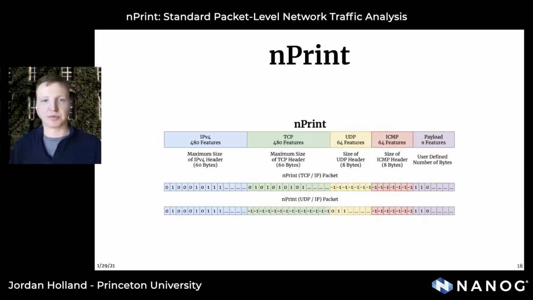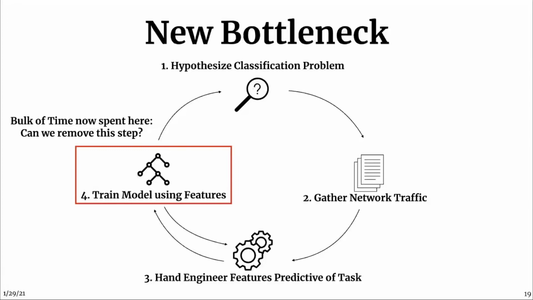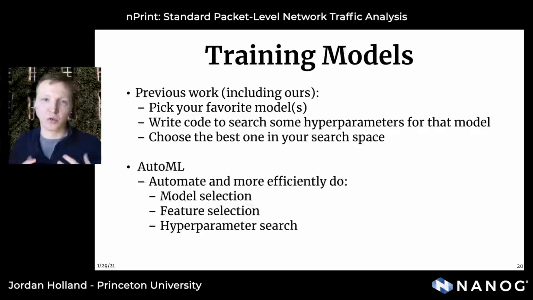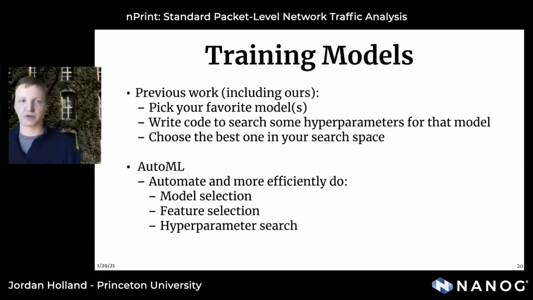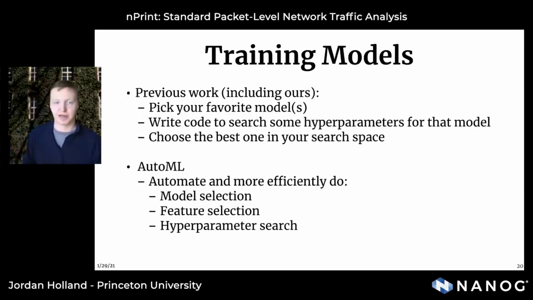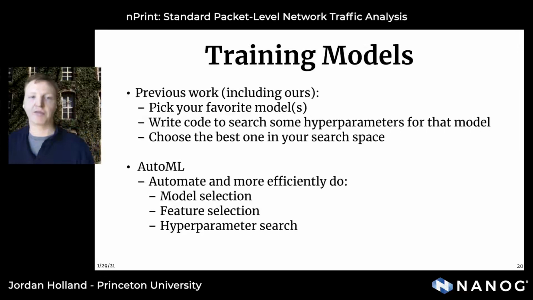How do we actually use something like this? So we removed this hand engineering features step we see. So now we see that the bulk of the time is spent training models, right? So can we remove this step? So the classic methodology for training a model, including what we've done in the past on different works, is we'll do the following. We'll pick our favorite model.